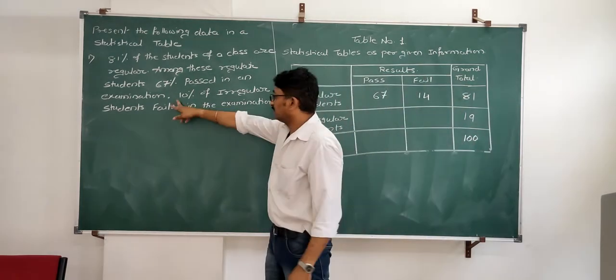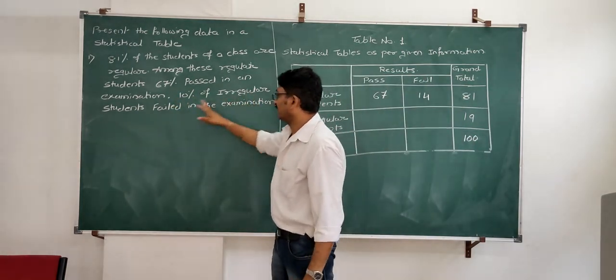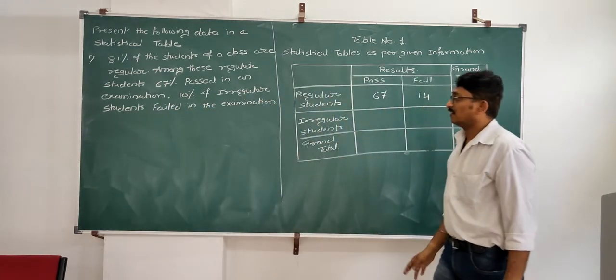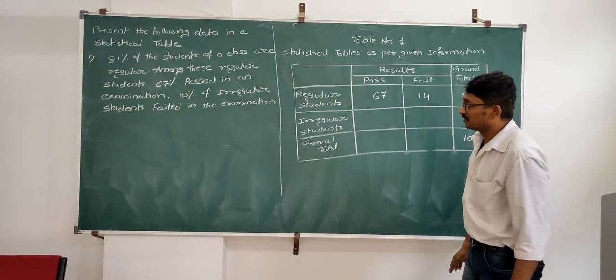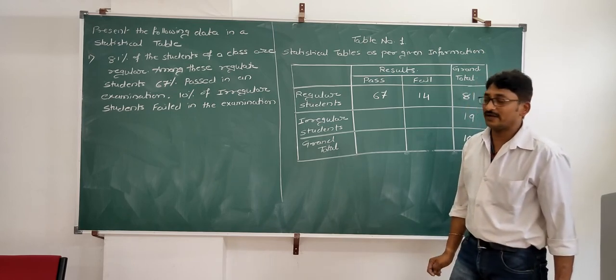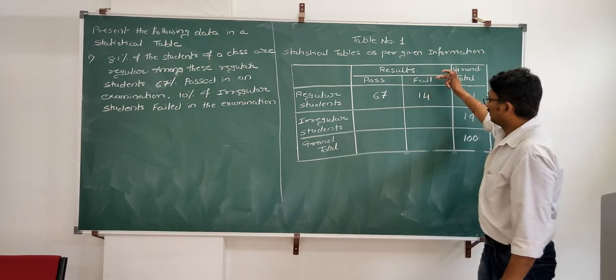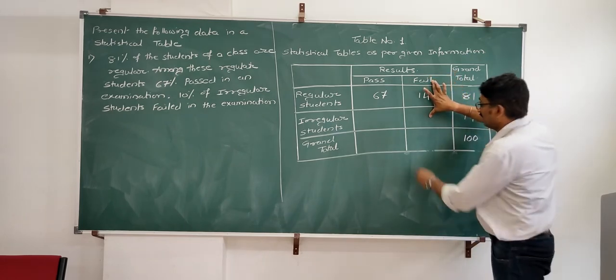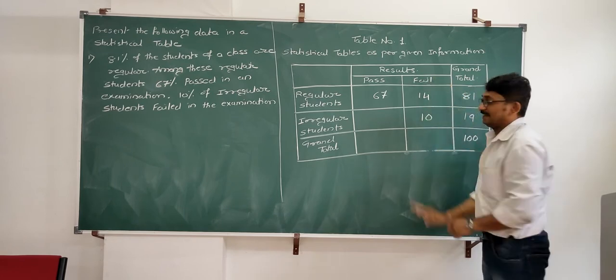Second information is more. What is the next one? 10% of irregular students failed in the examination. Means out of irregular students, how many failed? 10% only. So where to write this? Fail, irregular, 10.